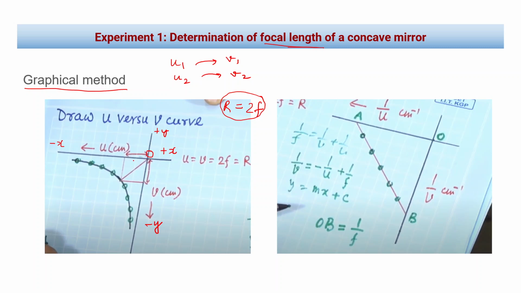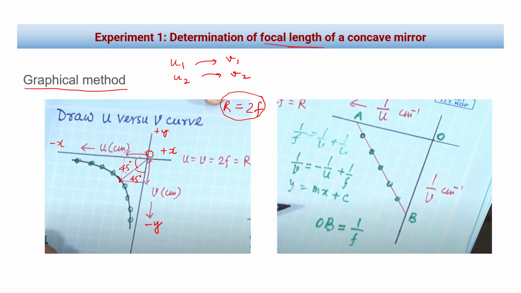Now if I draw a straight line cutting this graph at exactly 45 degrees, at this point this is 45 degrees, this is 45 degrees.